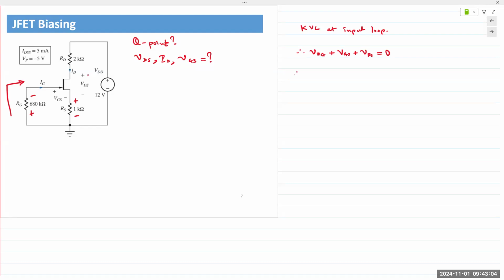Now this becomes IGRG plus VGS plus ISRS is equal to 0.